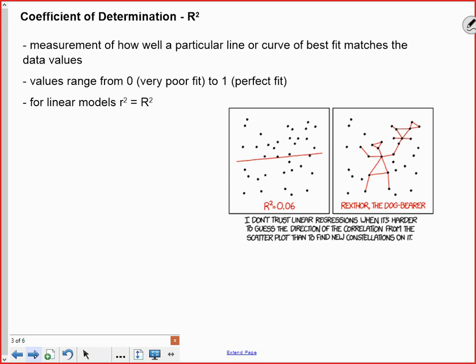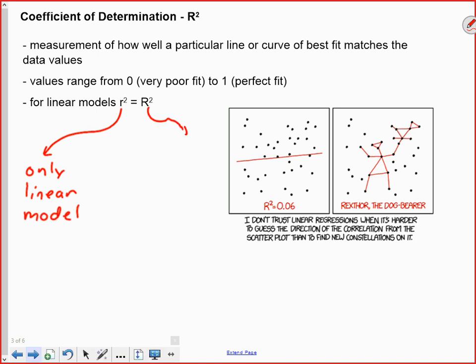So you can take that value of capital R squared, take the square root, and get the value of that linear correlation coefficient for your linear model. Just remember that this value of R here applies only for linear models. So small letter r is only for linear correlation, whereas this value of R squared can be for any type of model that we want. Okay.